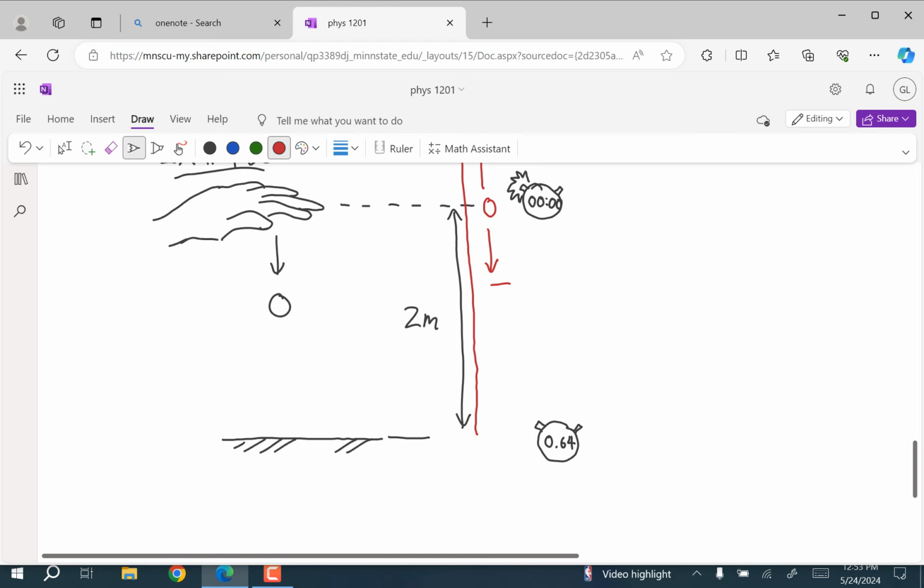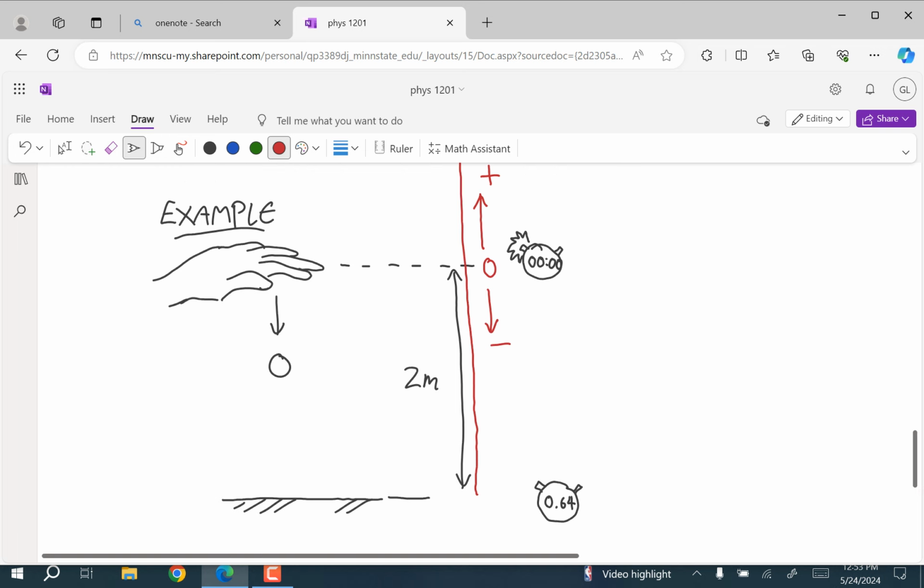And then the second instant, the time is 0.64 seconds. And we have to think about what the position is of the ball at 0.64 seconds. Well, the ball has traveled 2 meters. It started at 0, traveled 2 meters.